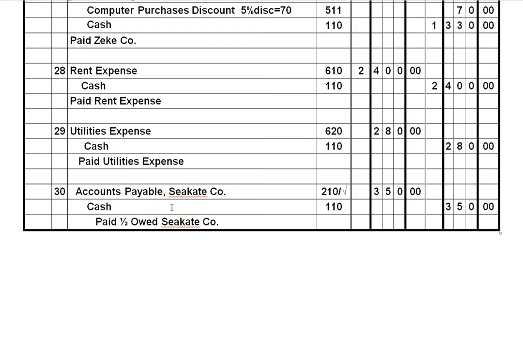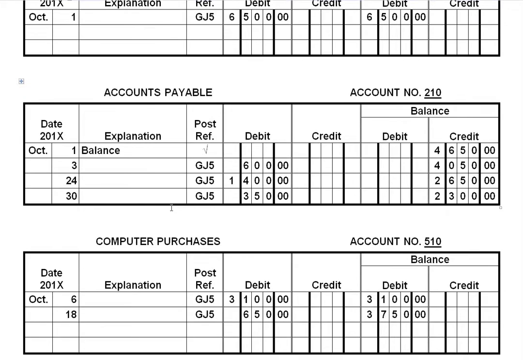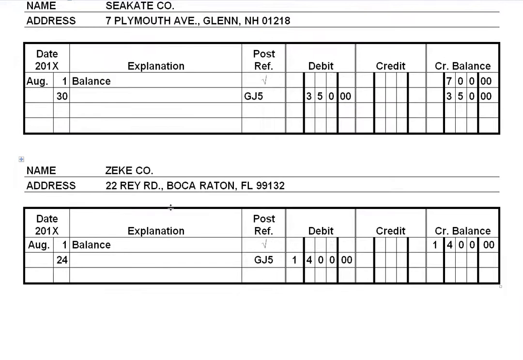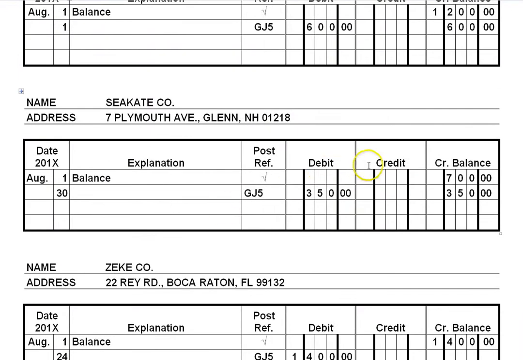Apparently, we made a purchase from Seagate at some point, and I believe that you'd have to go to the subsidiary ledger, and you would find Seagate's account of $700 from a previous purchase that was carried forward, already done and entered for you in your ledger, in your work papers. You'll find it there. And now what we're doing is we're paying half of that $700 and clearing out $350 from that account.